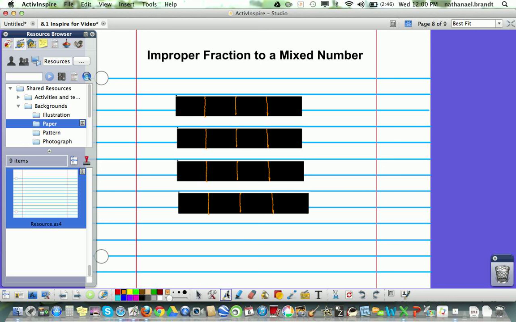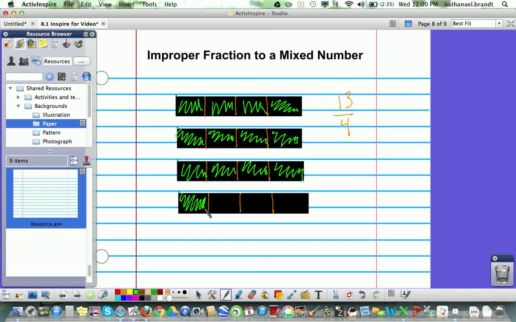So let's imagine that we have 13 fourths. 13 fourths. So let me shade that in. Eight, 12, and 13.